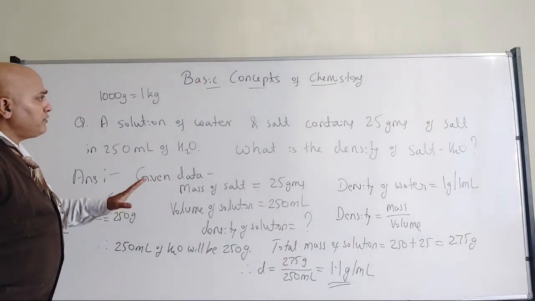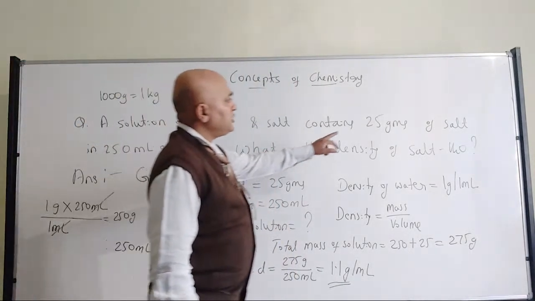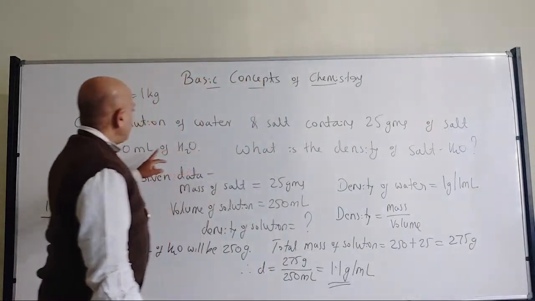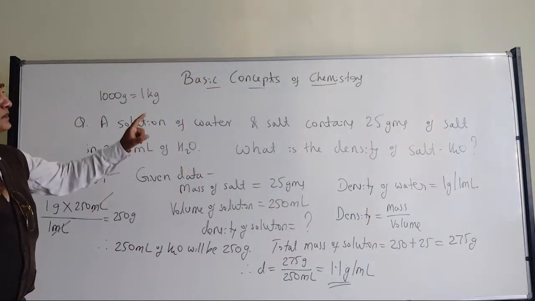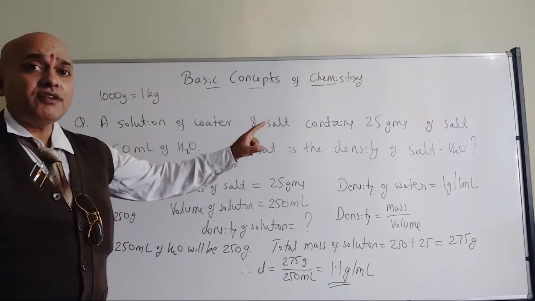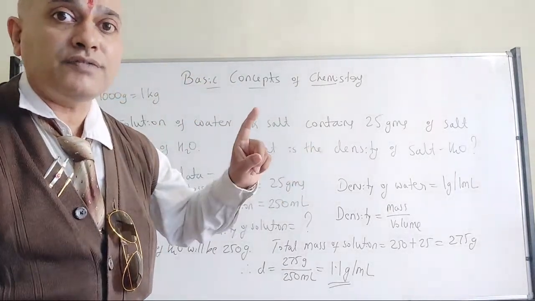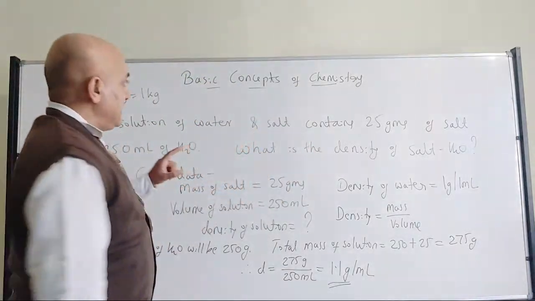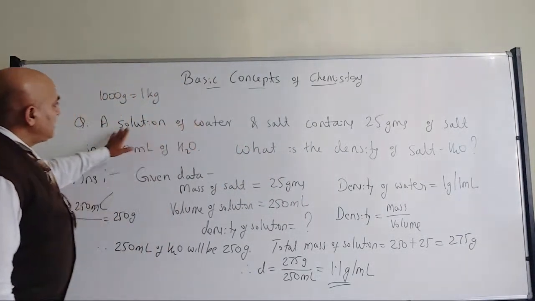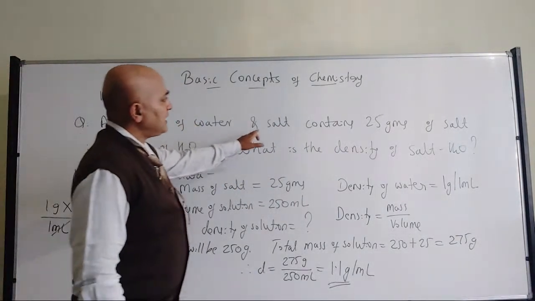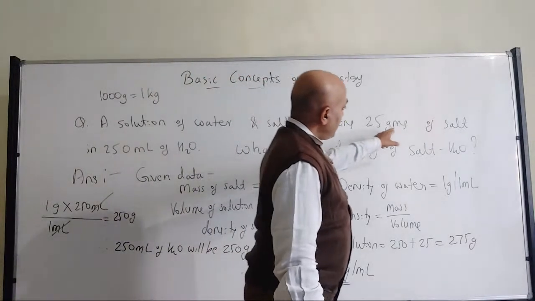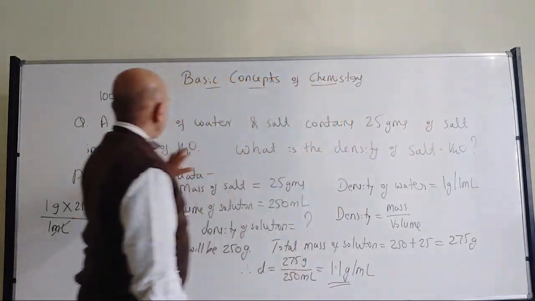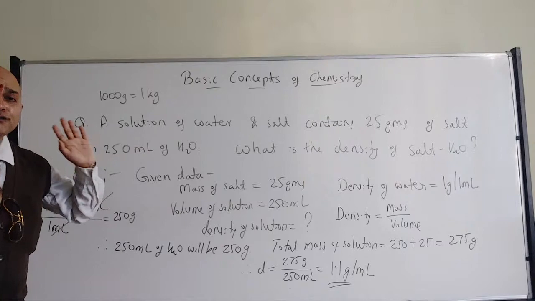Right? Many of you have taken 25 divided by 250. But if you observe it carefully, a solution of water and salt contains 25 grams of salt in 250 ml of water.